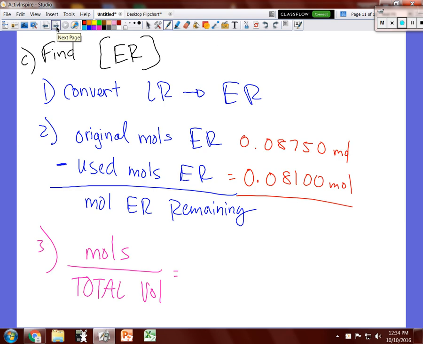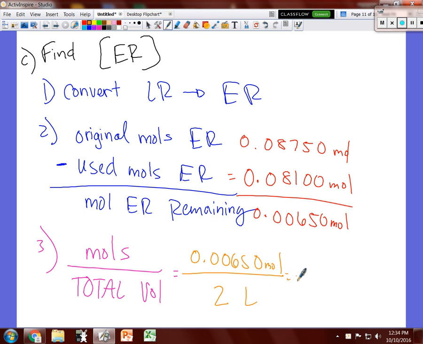All right, so this is 0.00650 moles, which is exactly what you do, which is you divide this by 2. 0.00650 moles divided by 2 liters. Now, the reason it's 2 is because what I said a minute ago.